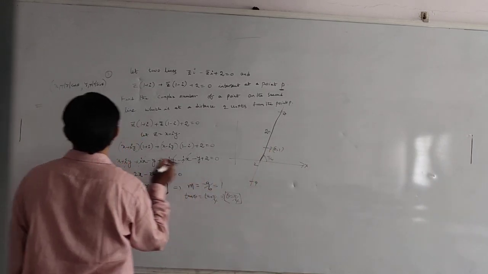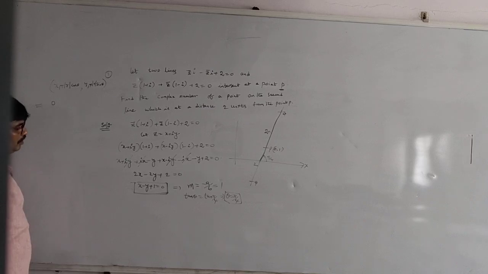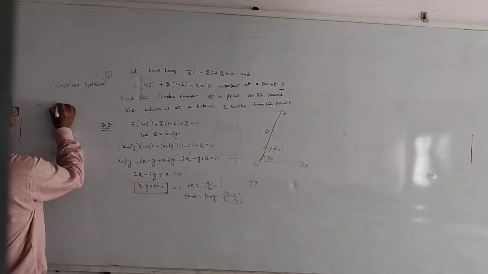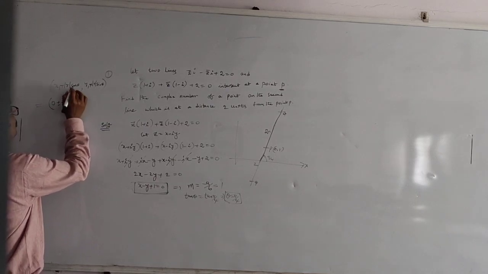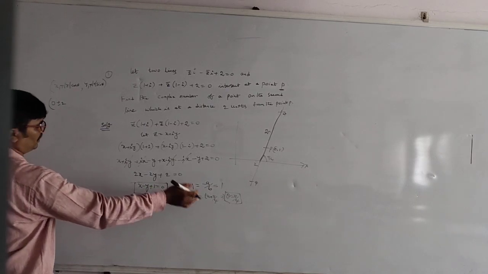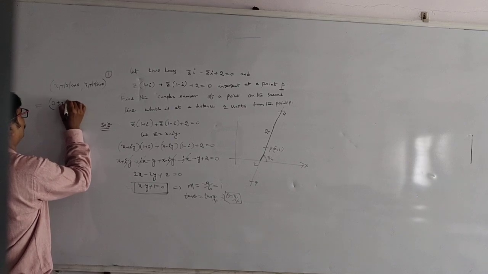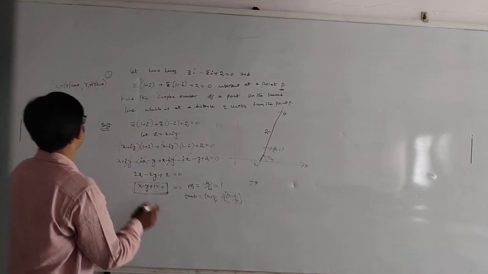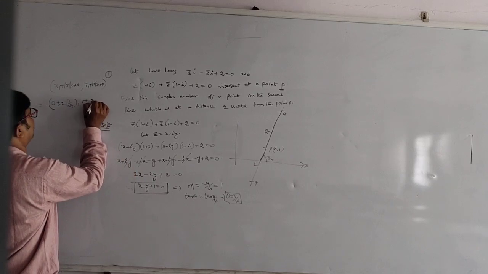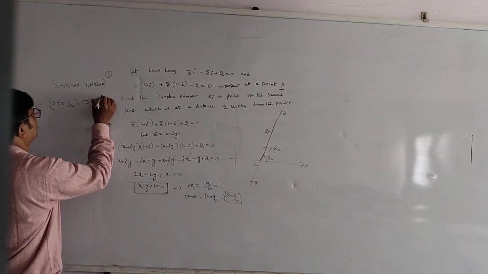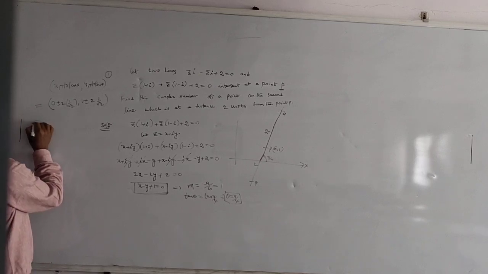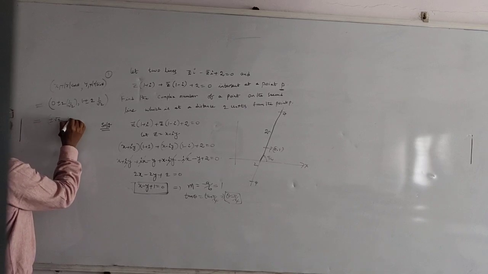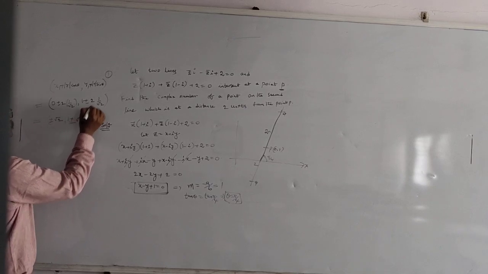Therefore x1 is 0, |r| is 2, that means plus or minus 2, cos 45 is 1 by root 2. After that y1 is 1, plus or minus 2 times sin theta, which is 1 by root 2. Now this is plus or minus root 2, and 1 plus or minus root 2.